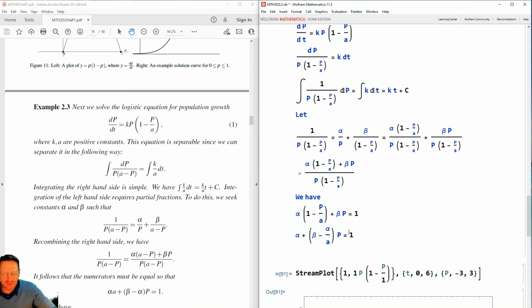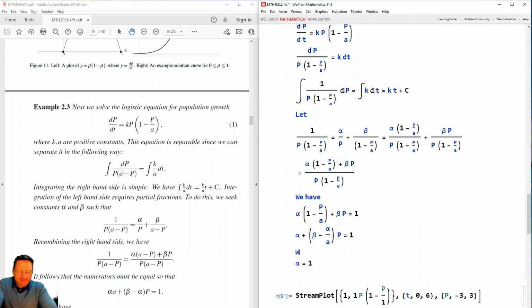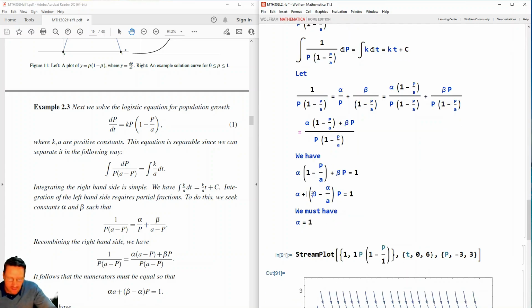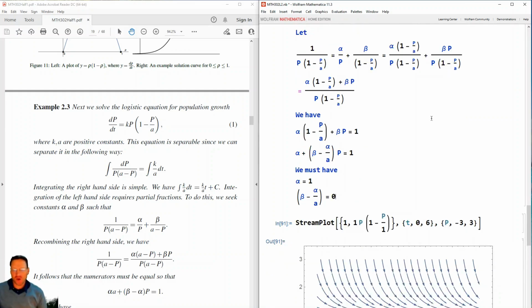Okay, so now that we've done that, what do we have on the right-hand side? We have a single 1 and no p parts of it, right? So what we learn then is that we have to have alpha equal to 1, and this other one has to be equal to 0, because there are no p's on the right-hand side of that equation.